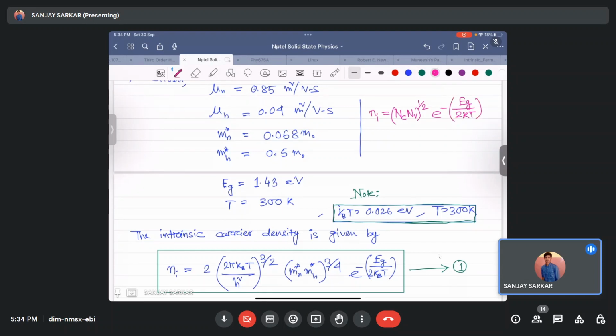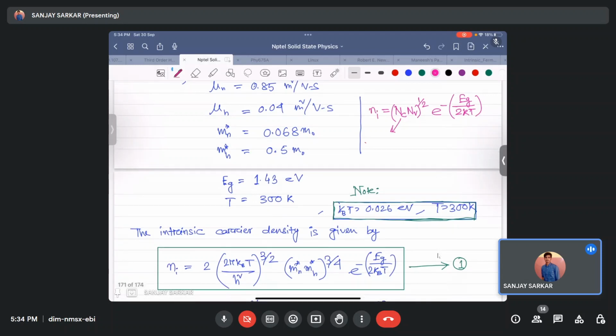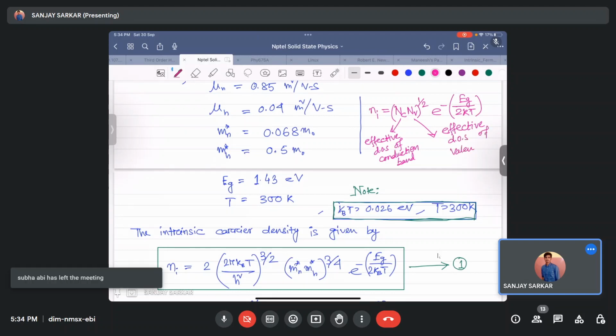So this Nc is the effective density of states of conduction band, and this is the effective density of states of valence band. So that's why they are expressed in terms of Nc and Nv.